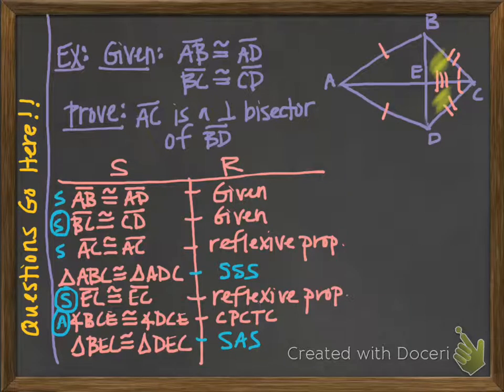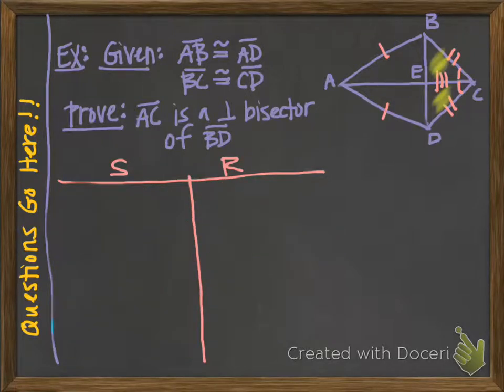Okay. I'm going to erase this part of my proof, so just come back to this page if you need to. Just rewind a little bit. Okay, let's first talk about the bisector part of the proof statement. AC bisects segment BD.